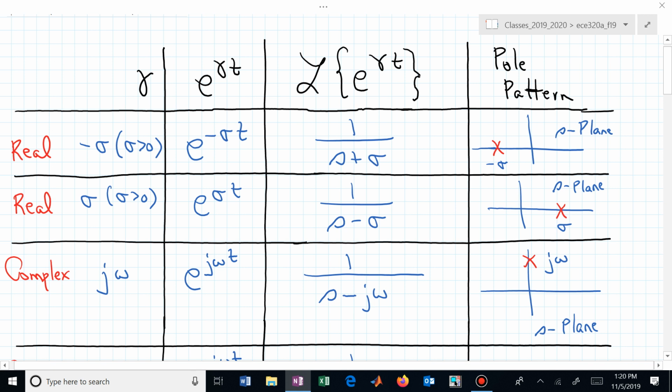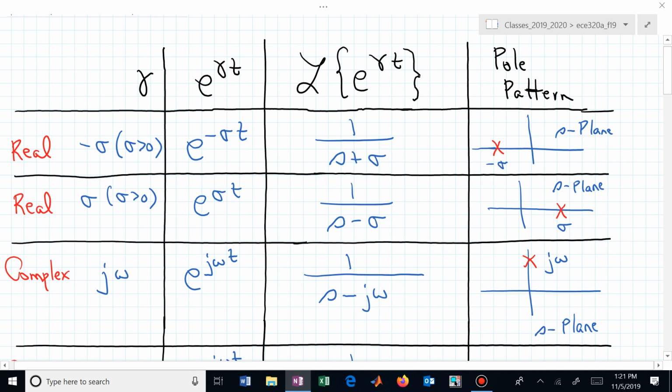Now, in the far right, we haven't really talked about that, but you need to get comfortable thinking in terms of poles and zeros. And the other thing that we really haven't explicitly talked about yet is the fact that Laplace transforms can be used for both functions of time, or waveforms, and systems.